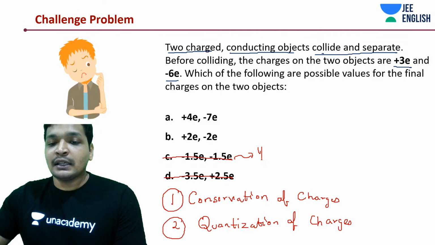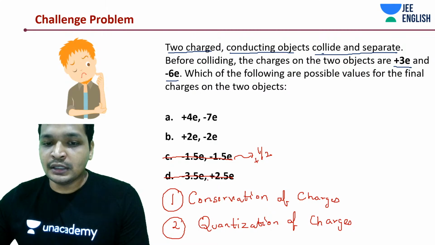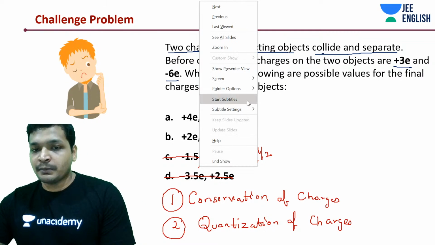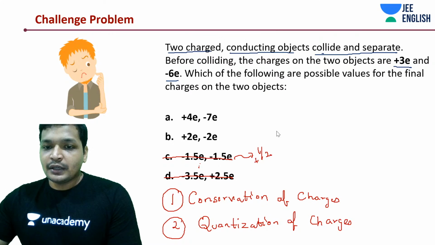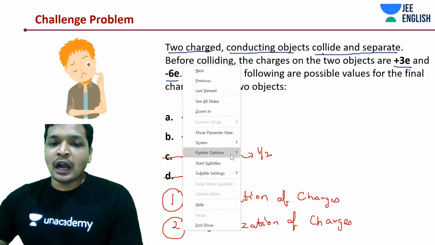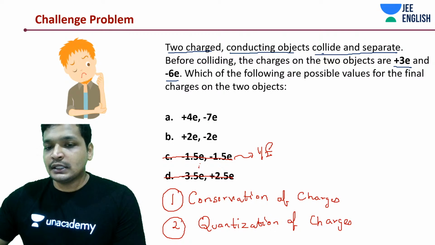This is saying there is some plus half charge, or whatever it is, minus half charge present in it. In this case, it's plus half charge and minus half charge. Half of e does not make any sense.